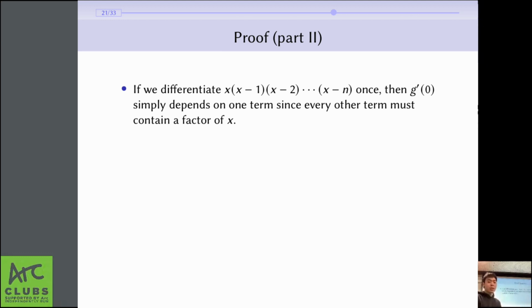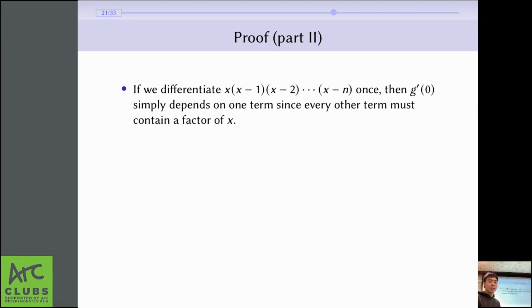If I differentiate this, the only point where my entire sum doesn't become 0 is when I've differentiated x, and then I'm just going to get a bunch of numbers. So g prime of 0 is just going to depend on exactly one term, because every other term would have a factor of x in it.